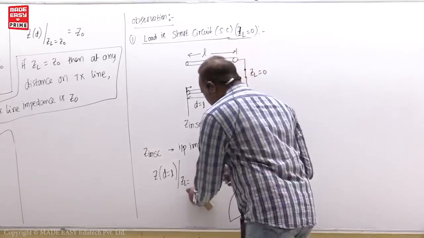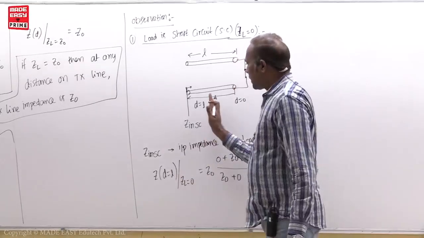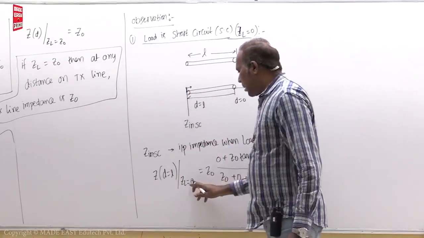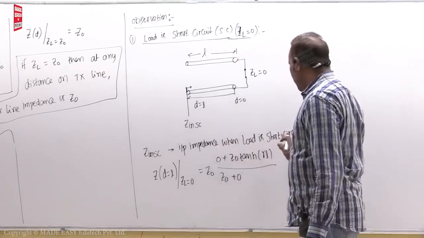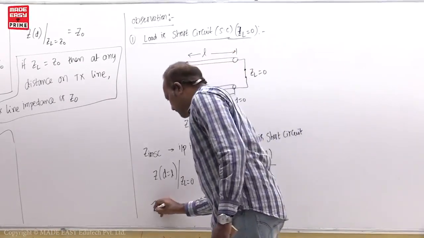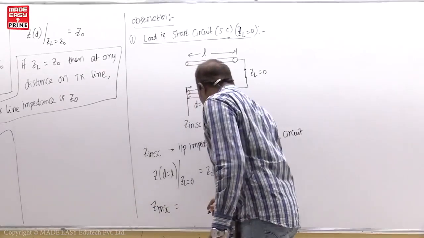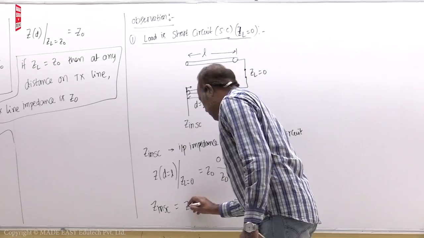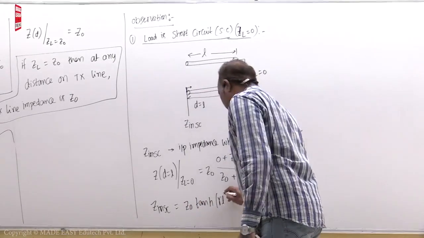So we are calling this one D is equal to L means at the input, ZL 0 means short circuit. So input impedance when load is short circuit, that is Zin of SC is equal to Z0 tan H gamma L.